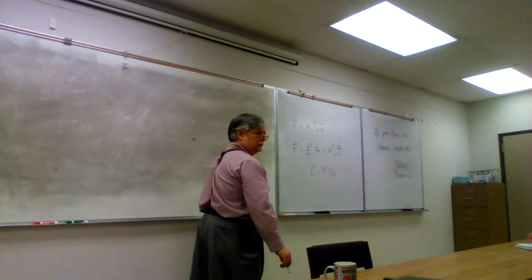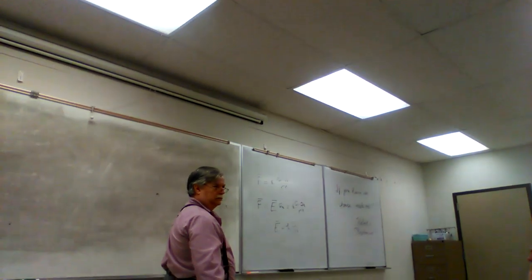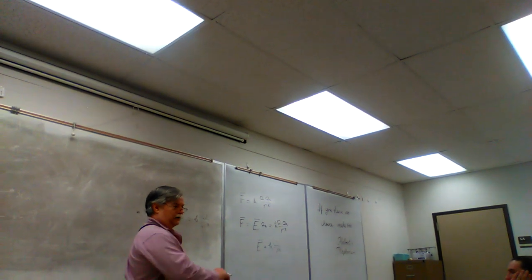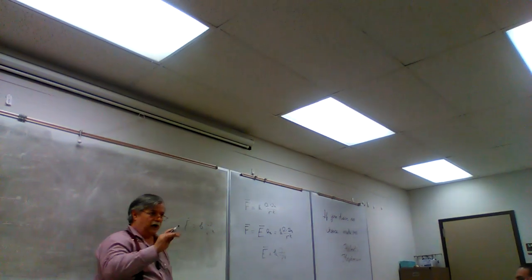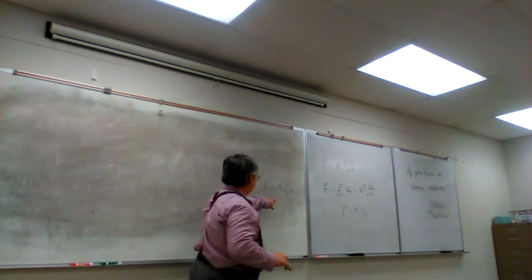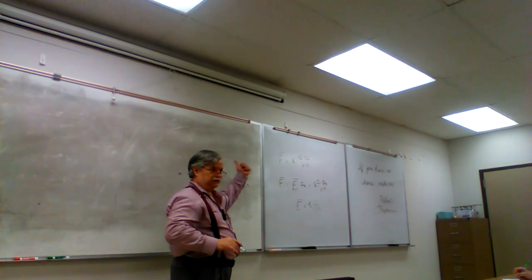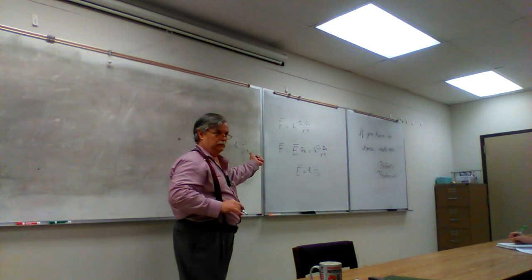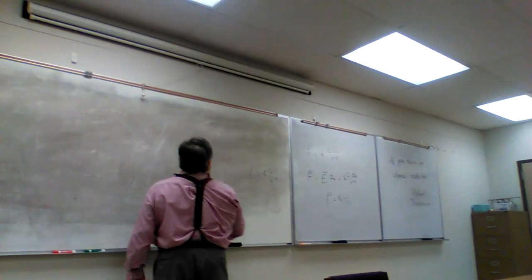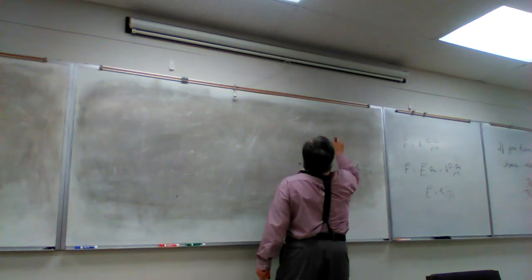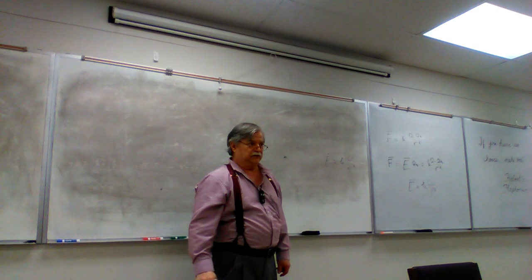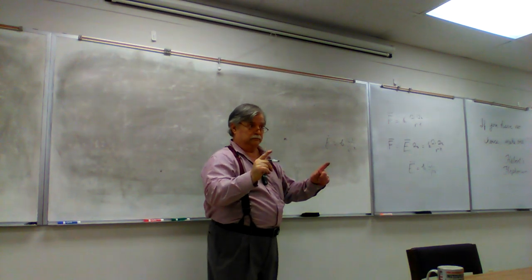Okay, so R is no longer the distance to the charge. It's the distance to any point in space around Q1. So if here is Q1, if you want to know the E field at that point in space, it's a vector.